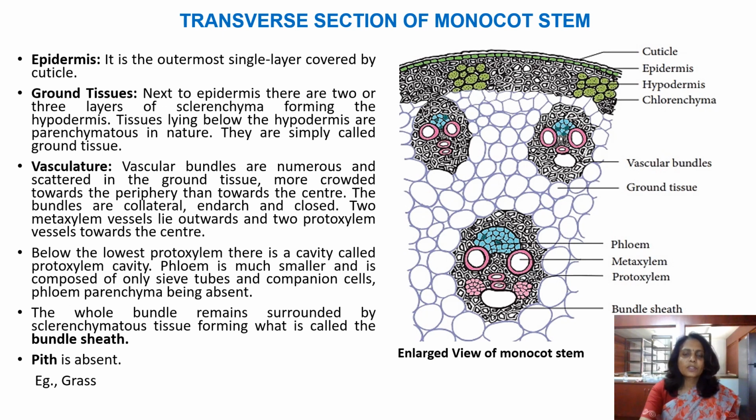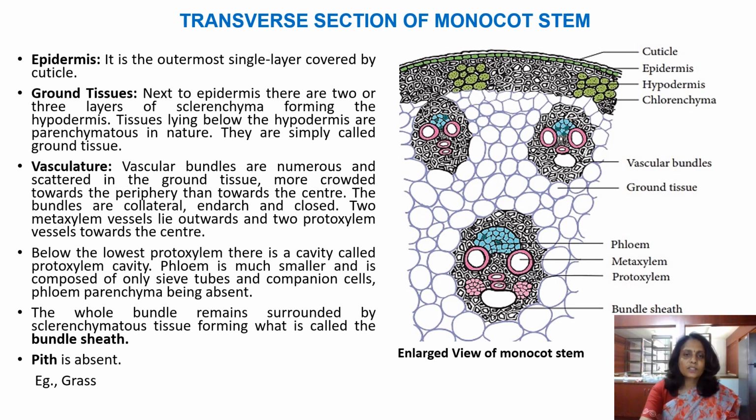Below the epidermis is a large layer of multicellular region or the ground tissue, which may be differentiated into sclerenchymatous cells, chlorenchyma cells, and parenchyma cells. The vascular bundles are numerous and are scattered in the ground tissue. The bundles are collateral, endarch, and closed. Cambium is absent.